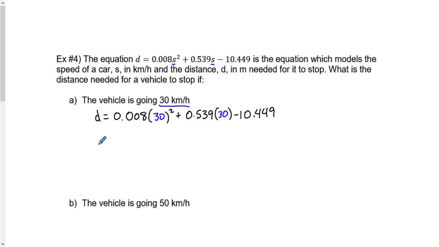Simply by plugging that into my calculator, I get 12.921 meters. So if you're going 30 kilometers per hour and you slam on the brakes, it would be almost 13 meters for you to stop.